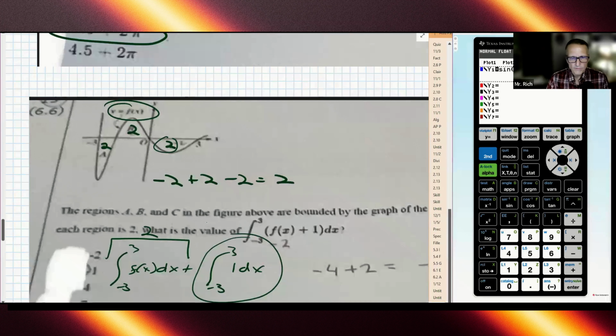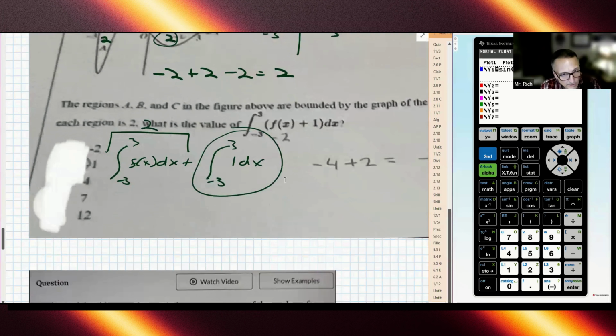Let's get into geometry. If you go from -3 over to 3 on the function y equals 1, you're integrating over a rectangle, and that area is 6. So you have to add the 6 to the 2. So hopefully 8 is one of the answers here.